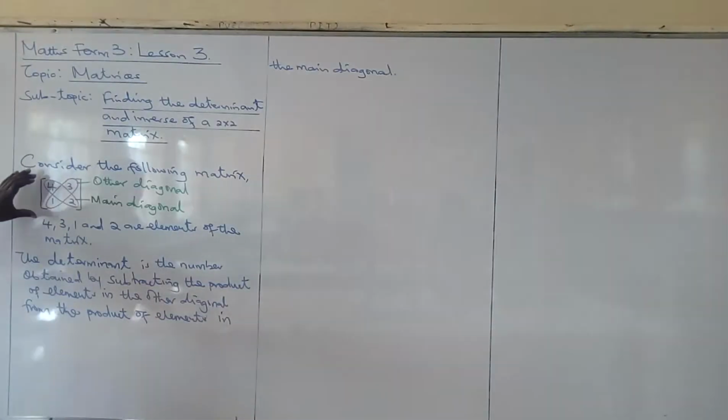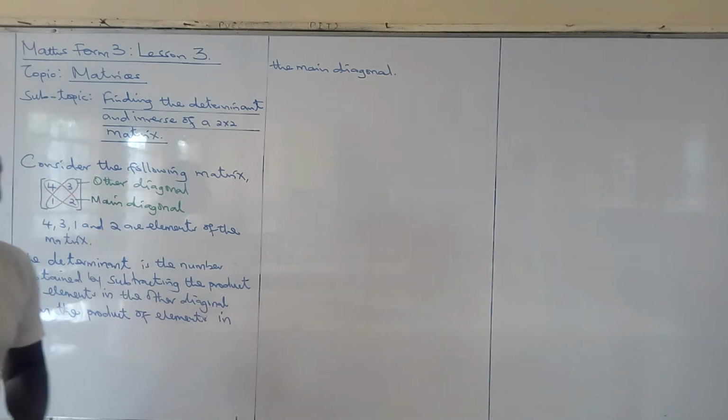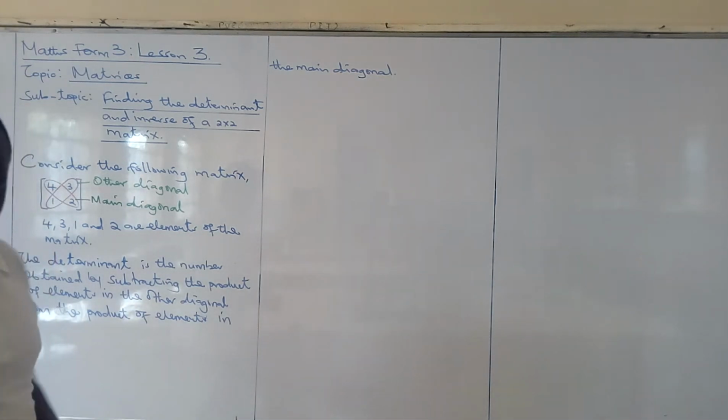So in this matrix, elements in the main diagonal are 4 and 2. Elements on the other diagonal are 1 and 3. So, considering this matrix, how do you obtain its determinant?